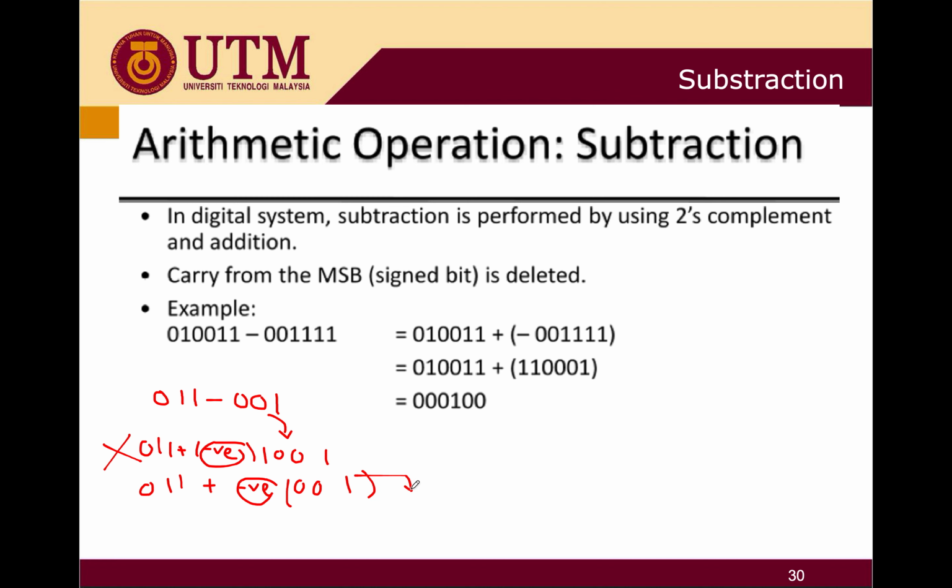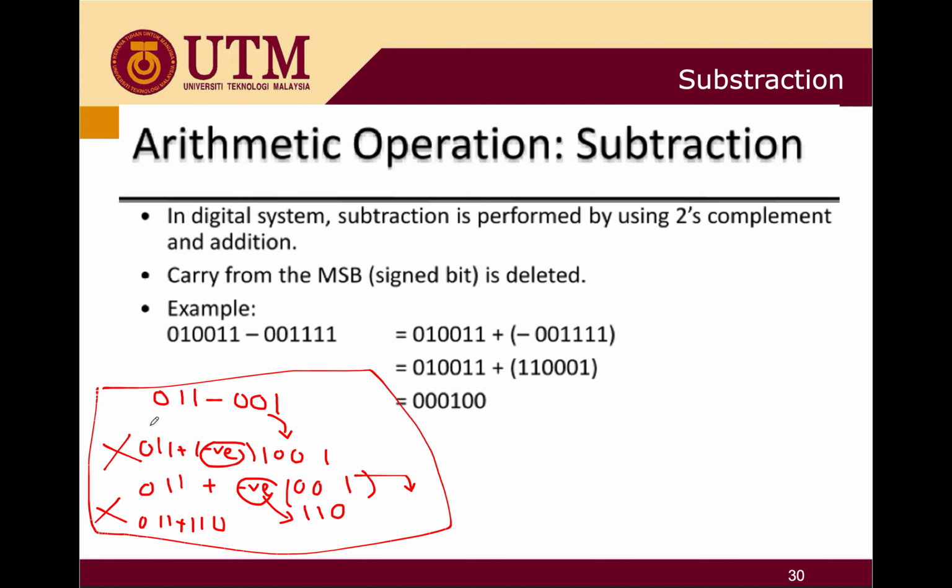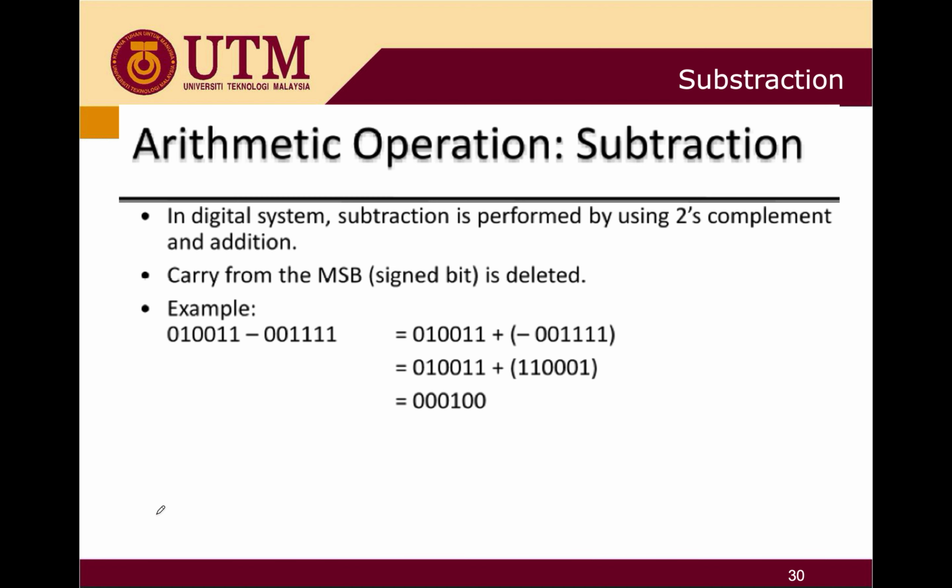If you change it into first complement, you will get 1, 1, 0. So you will get 0, 1, 1 plus 1, 1, 0. This method also you cannot use. So I show you which methods you cannot use: the sign method, and also the first complement method. But if you have the subtraction, you need to convert this number to be second complement. Then you just add.